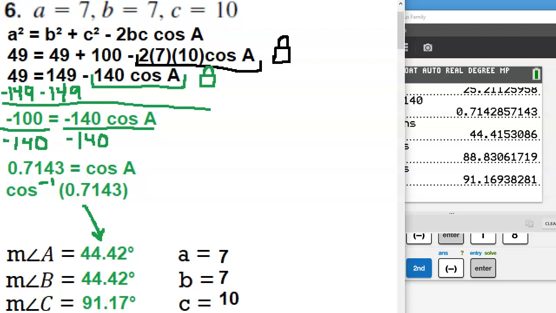So if you're looking at this and you're like, well, how in the world does this come out this way if they don't actually add up to 180? Well, they do add up to 180. There was just a little rounding error here. So anyway, hopefully number 6 made a little more sense than number 5, because we were a little better at it and we didn't have quite as much to do on that problem.